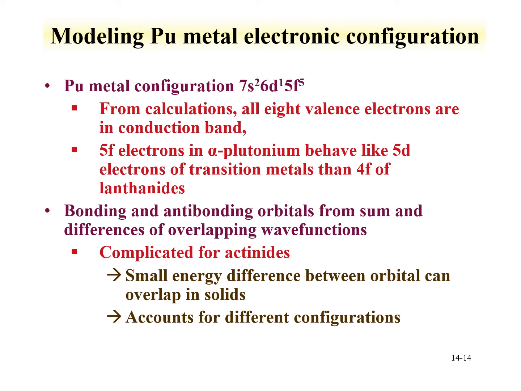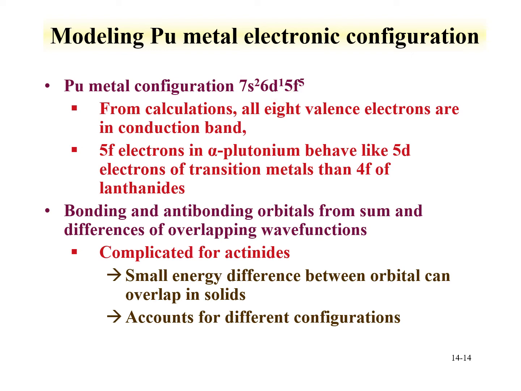The 5F electrons in alpha plutonium behave like 5D electrons of transition metals, more so than the 4Fs of the lanthanides. And this is what really manifests the behavior. The 4Fs are not really involved in the bonding and structural behavior. They're not in the highest occupied molecular orbitals, whereas in plutonium the 5Fs are.